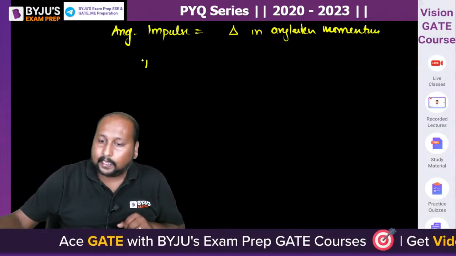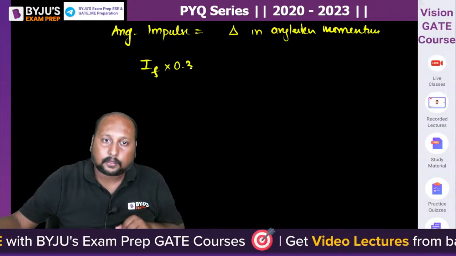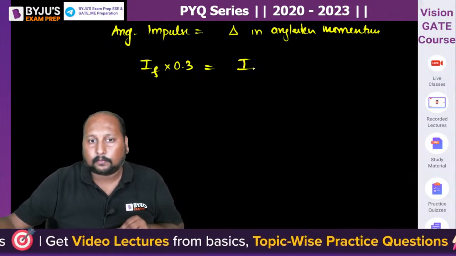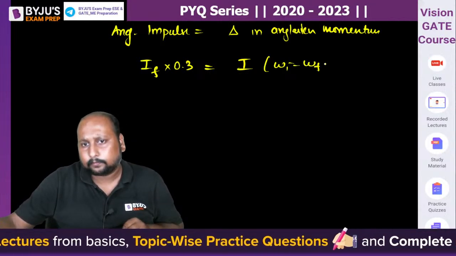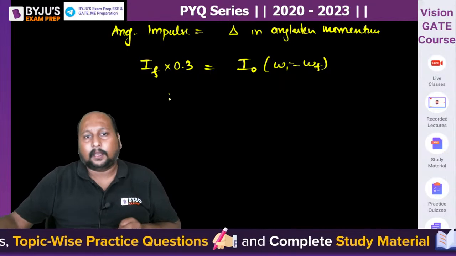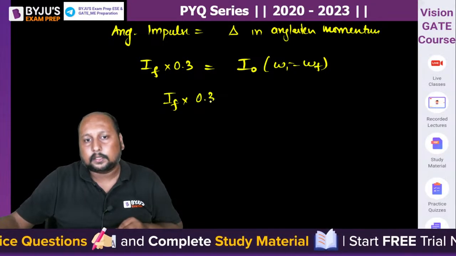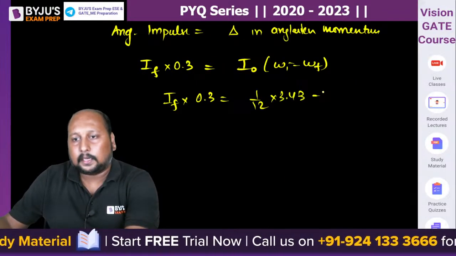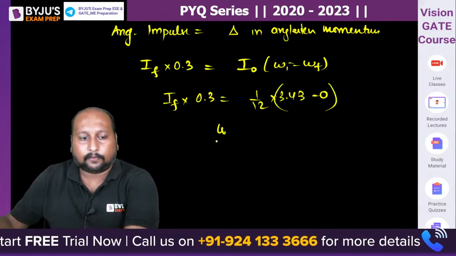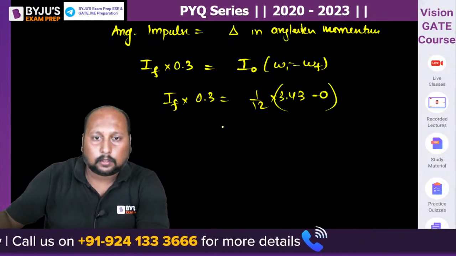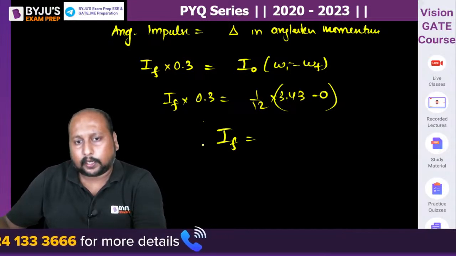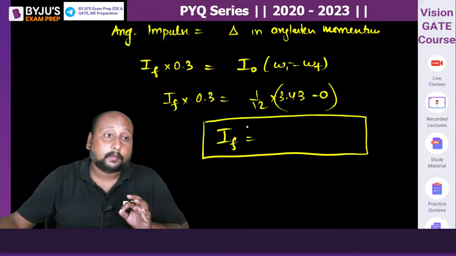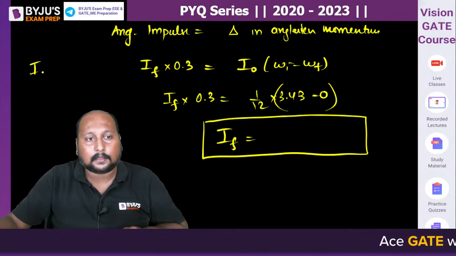Okay, so it is I final into 0.3 is equal to change in angular momentum, that is final minus initial. So from here I F into 0.3 is equal to I naught is 1 by 12, omega is 3.43 minus 0. So from here I F value is equal to, what is the moment of inertia at the final position, that we can calculate. Not moment of inertia, this is your impulse. I F is the impulse.